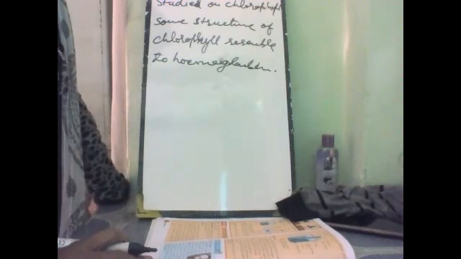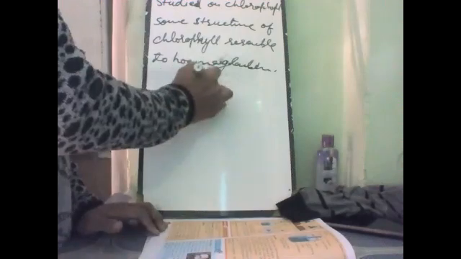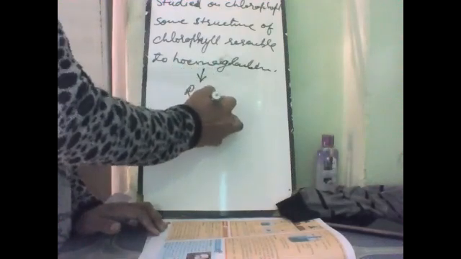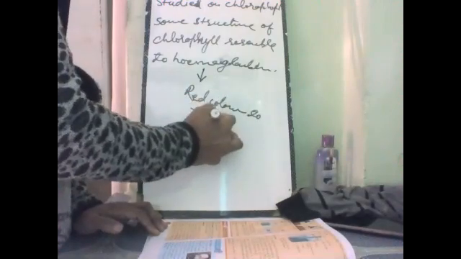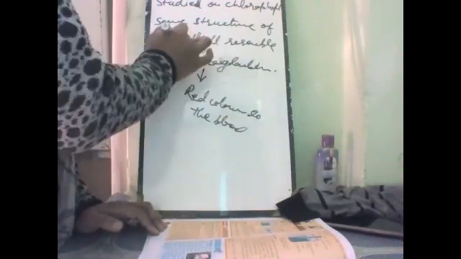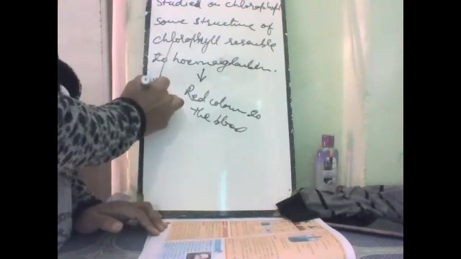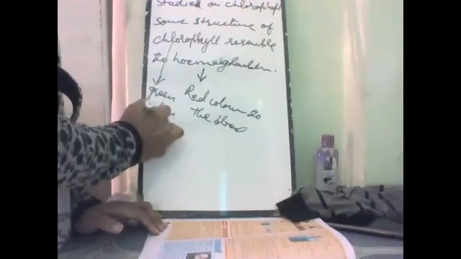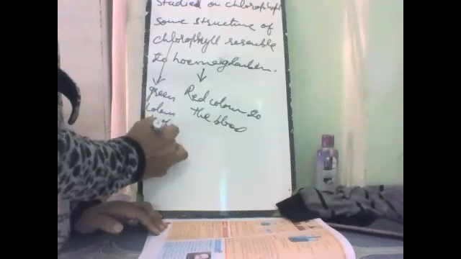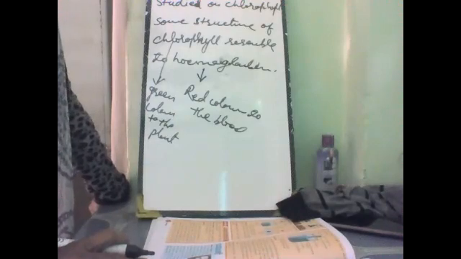Hemoglobin gives the red color to the blood, but chlorophyll gives the green color to the leaves of the plant.